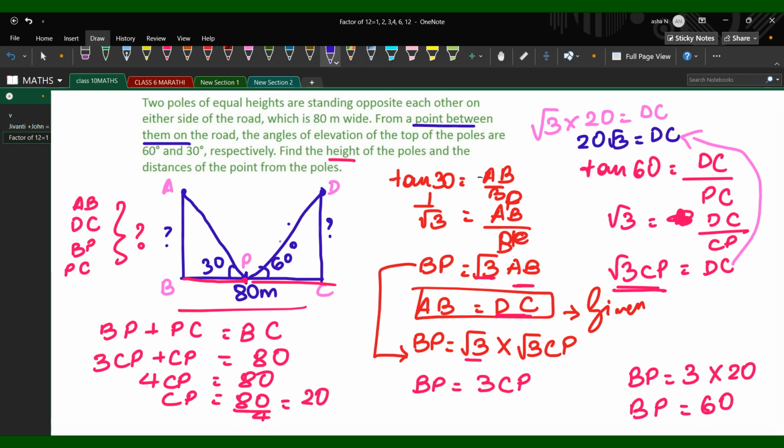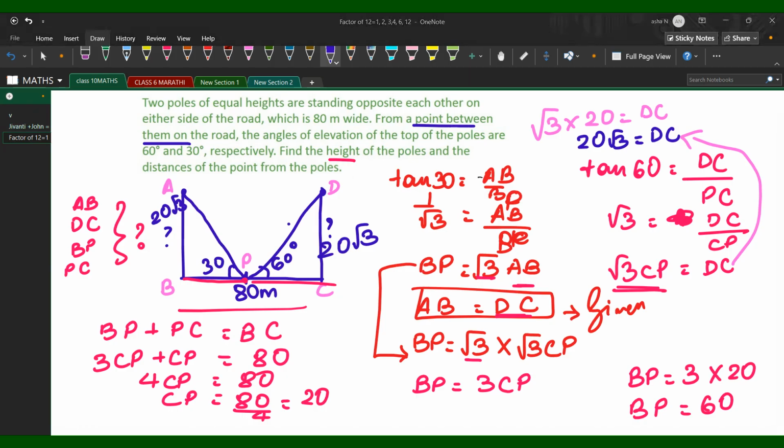So the value of DC is 20 root 3, and which is equal to AB. So AB will also be equal to 20 root 3. Easy. You can do it in this also, but I found this a little challenging because it was on the opposite side. So take it in your book. Yes, let us move on to the next question now.